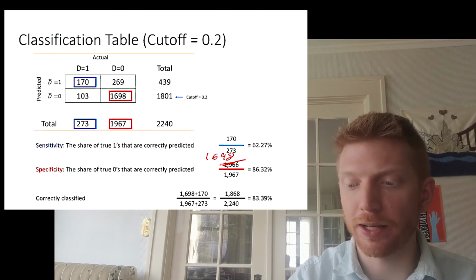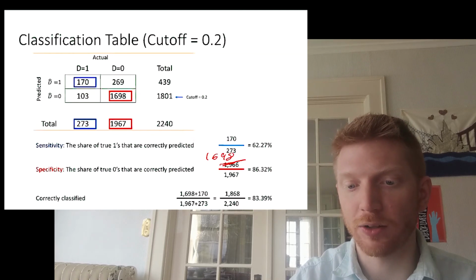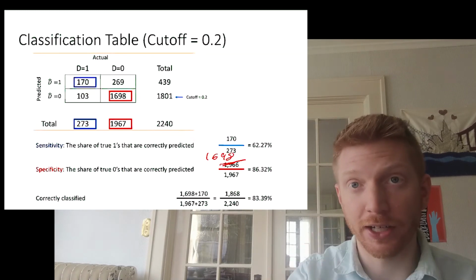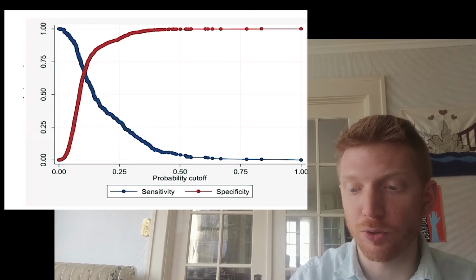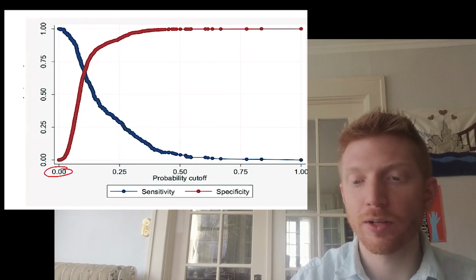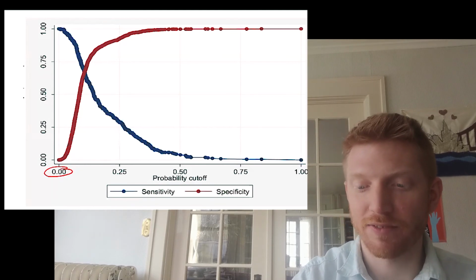I will talk a bit in a bonus lecture, an extra lecture, about Bayes' rule and how sensitivity and specificity play into that. But right now I just want to show you this visualization that Stata will make for you if you're running a logit model of the cutoff, the trade-off that you face between sensitivity in blue and specificity in red. If you are setting your cutoff at 0, that is the best way to guarantee a very high sensitivity.